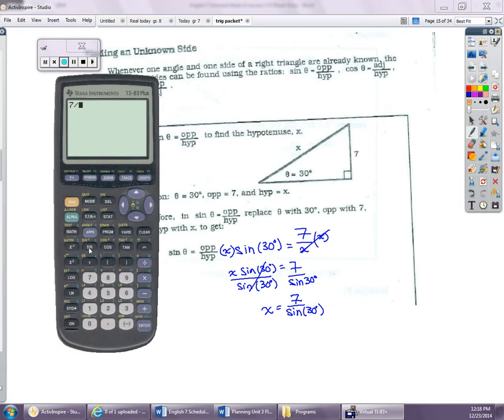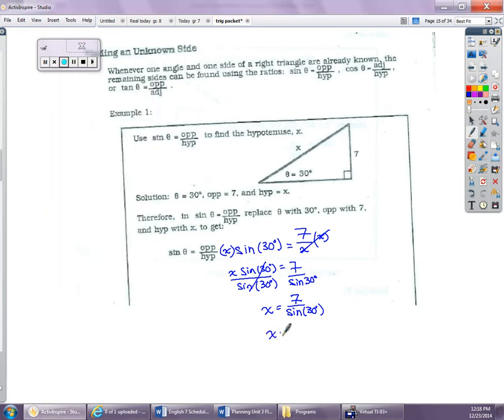We're given our angle, we're not looking for it, so we don't take the inverse. When you divide, you get 14. So the value of x is 14. It only asks us what x is, so now we know that this side is 14.